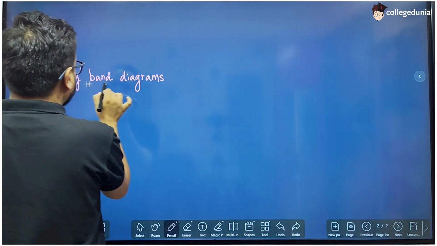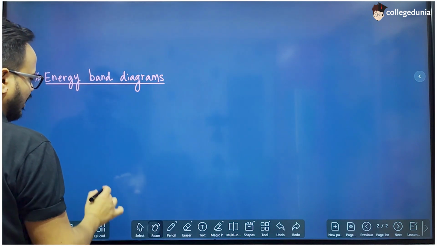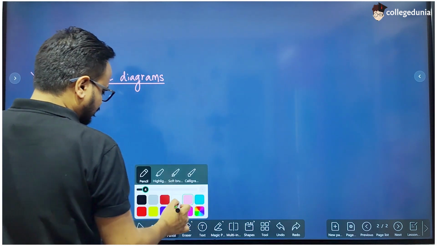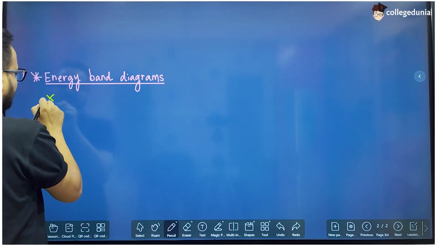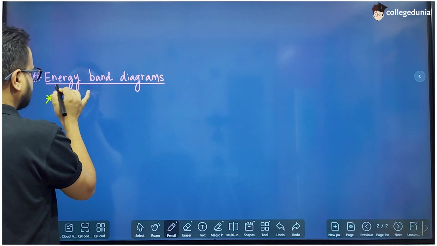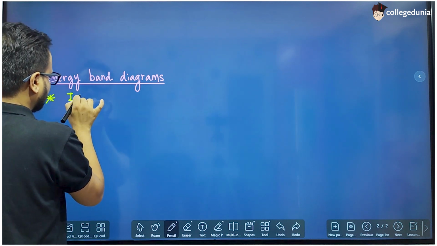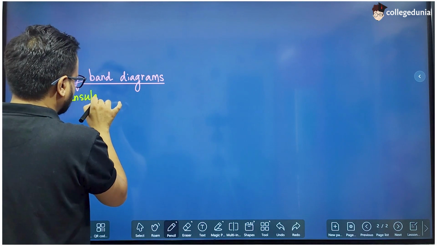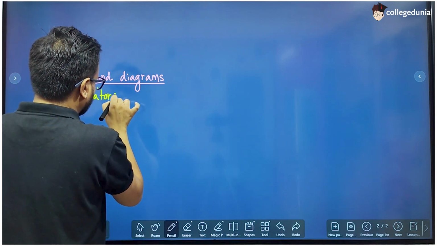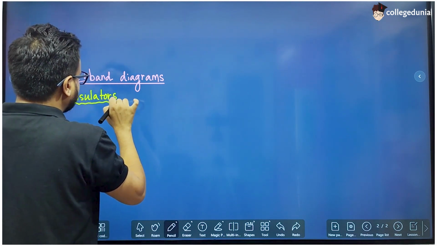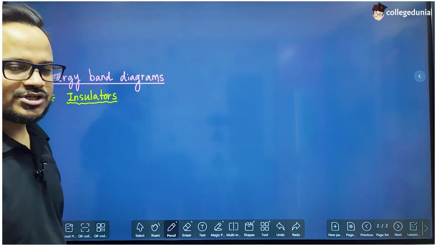Energy band diagrams for, suppose, an insulator. So the valence band is that range in which the energy of outermost electrons lie.